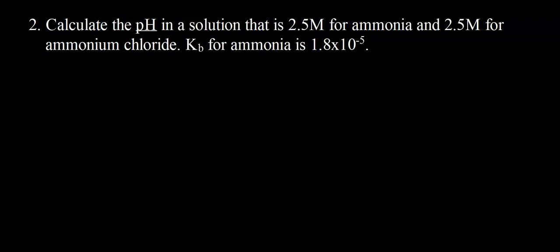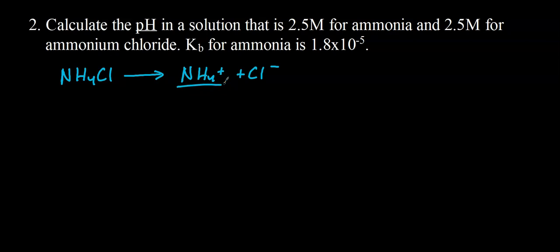So let's set up a couple different equations to show you what's going on here. First, I'm going to start off with a balanced dissociation equation for ammonium chloride. So ammonium chloride is soluble in water. And so a solution of ammonium chloride contains ammonium and chloride. And we don't really care about the chloride ions, it's the ammonium in solution that we care about.